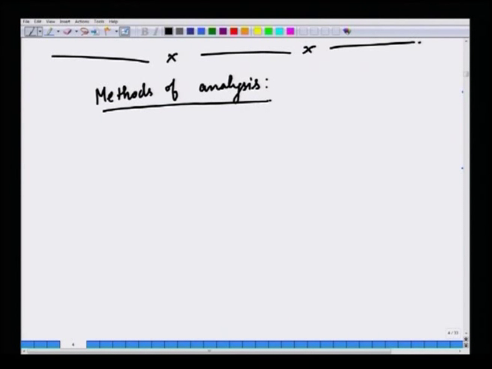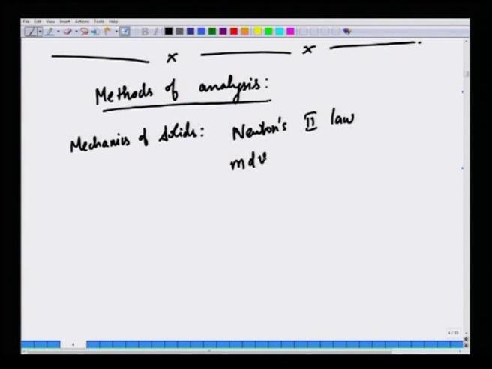So, in solid mechanics, in elementary mechanics of solids, of point particles and such, we simply apply Newton's second law, which simply says that the rate of change of momentum, m dv/dt, is the sum of all the external forces acting on a body.